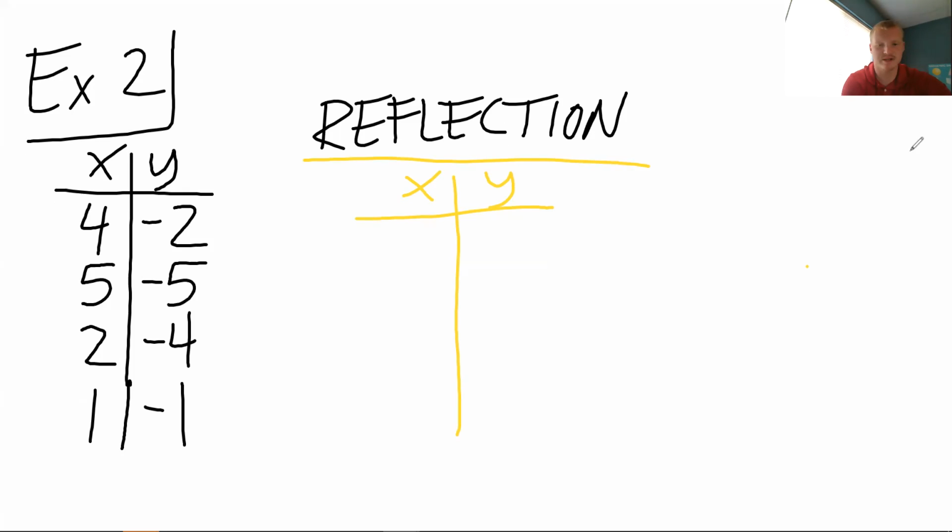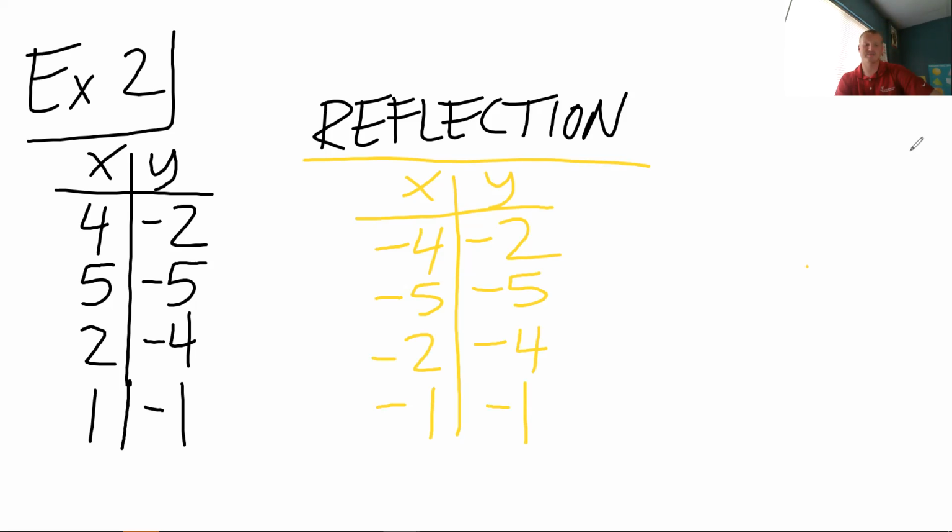So I'm going to have an opposite of my X, which is negative 4, and then my Y, which is negative 2, that'll stay the same. So my X, which is 5, is now negative 5, and then my Y stays the same. And that's because I'm doing a reflection across the Y axis. Positive 2 is now negative 2, and my Y coordinate, which is negative 4, will stay the same, negative 4. My point, positive 1, is now negative 1, and then my Y coordinate, negative 1, stays the same.